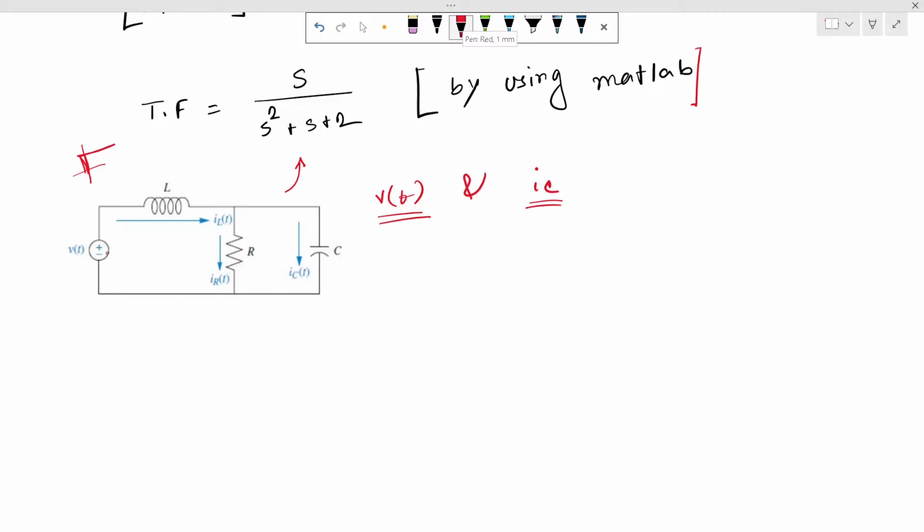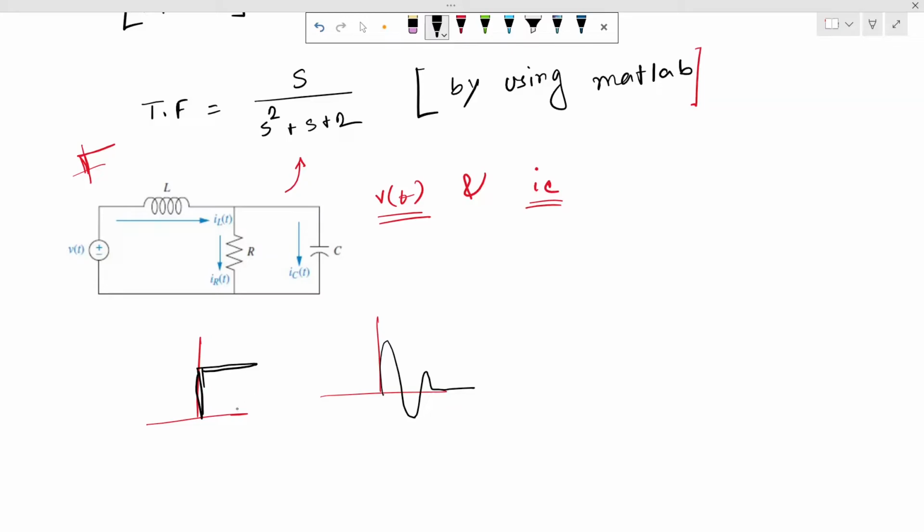We know DC voltage has zero frequency, so no current will be passing through here. So this IC will be 0, but not 0. Initially it will have a value because of the charging of the capacitor. So the graph will be like this. I am giving a step input like this, and I will get an output like this.